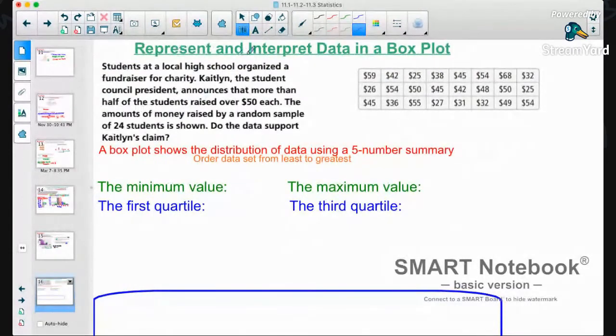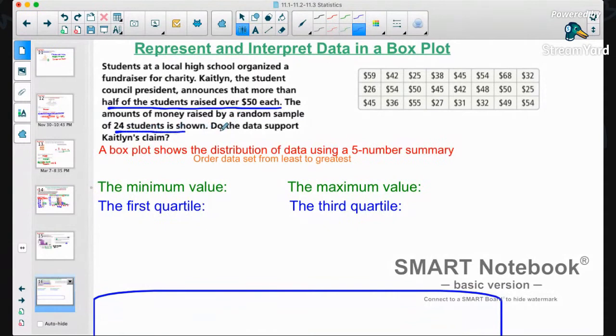Represent and interpret data in a box plot. Students at a local high school organized a fundraiser for charity. Kathleen, the student council president, announces that more than half of the students raised over $50. The amount of money raised by a random sample of 24 students is shown.